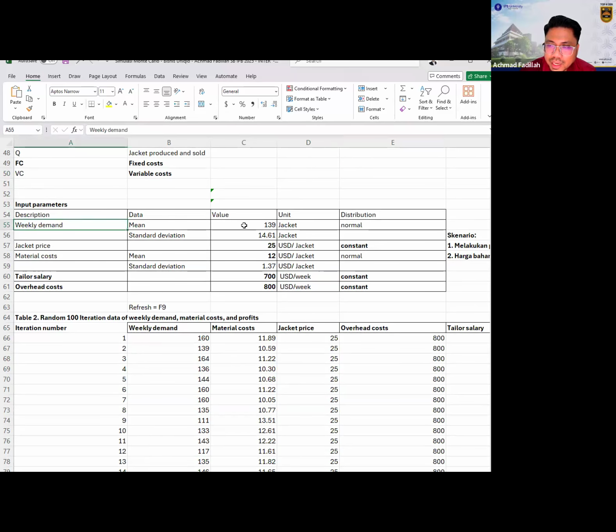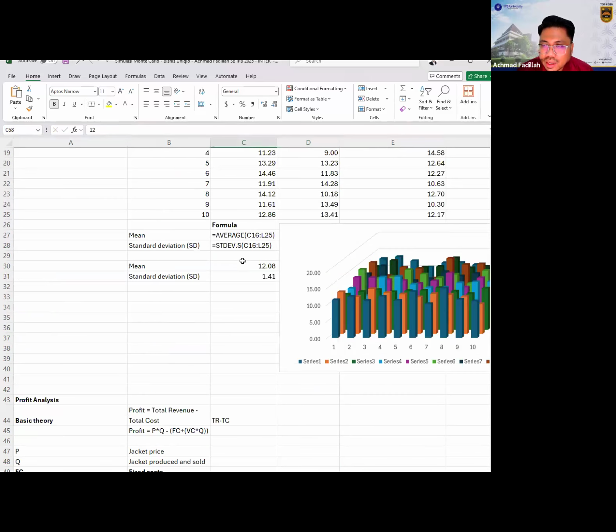First, the weekly demand of the jacket is 139 jackets per week, with a standard deviation, so it can be lower or higher than this value. And for the jacket price, it's a constant. Sorry, this would be 50. This is for the promotion. And for the material cost, there is some data we already calculated.